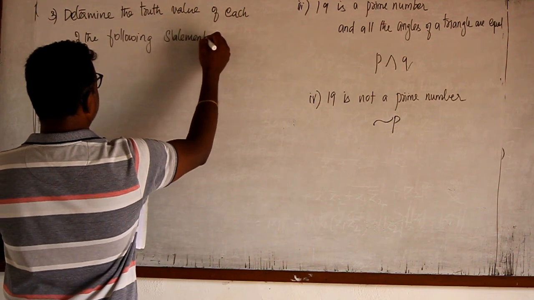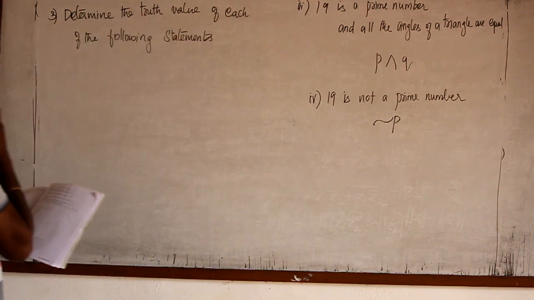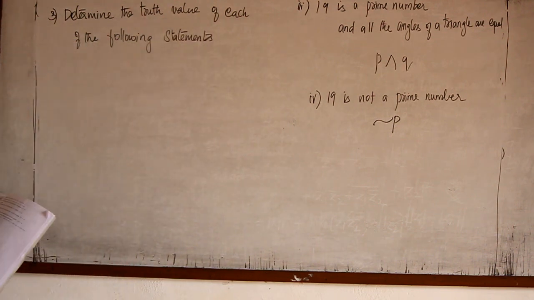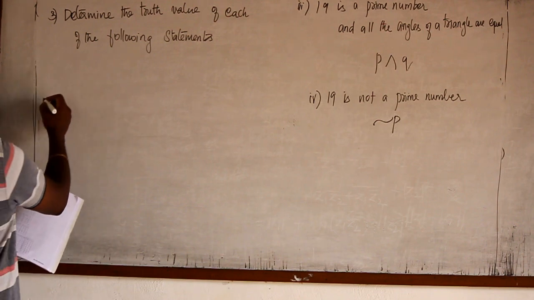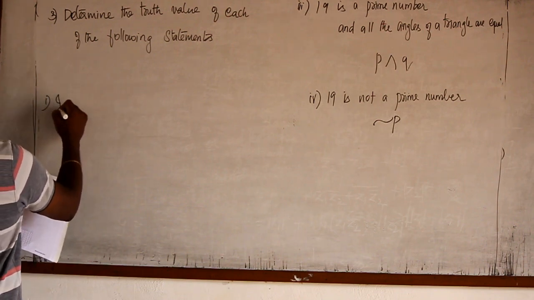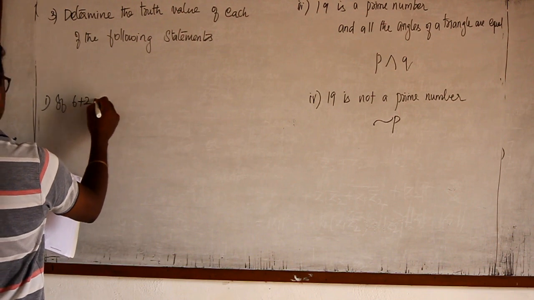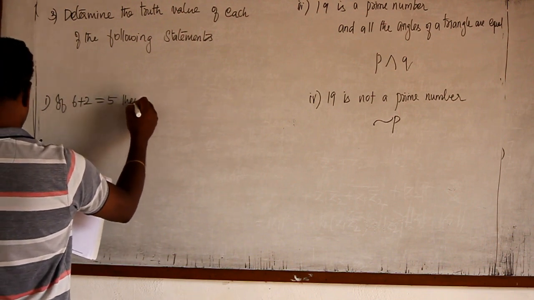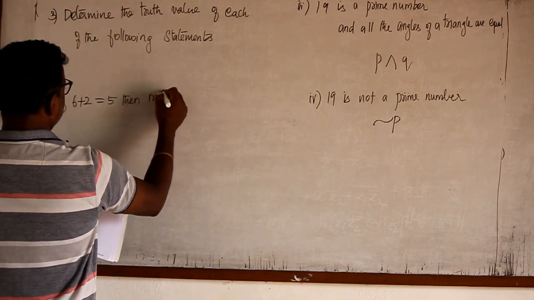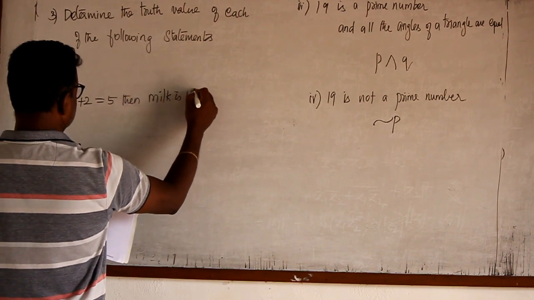I must write the values and I must give the conclusion about the truthness of the statement. First one, if 6 plus 2 equals 5, then milk is white.